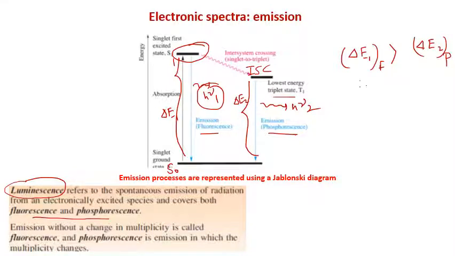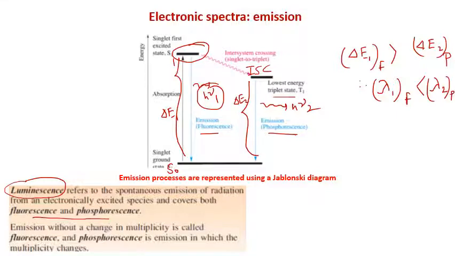Now what you can tell is that the wavelength of fluorescence will fall in a lower wavelength region than that of phosphorescence.